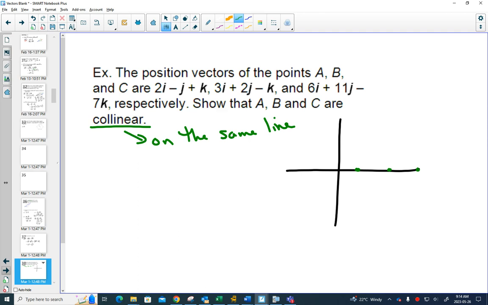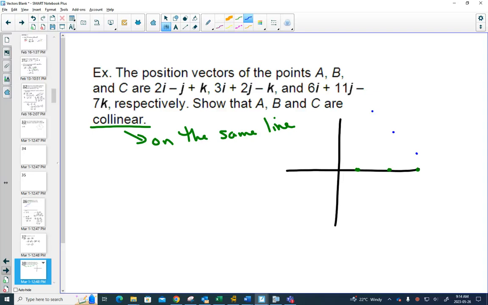Okay? It would be a little bit harder if I told you 3 points like this. Would you agree? That if those 3 points are like that and we wanted to show that they're on the same line, there's a couple of things you could do in 2-dimensional math.